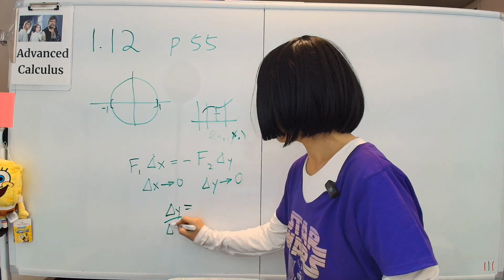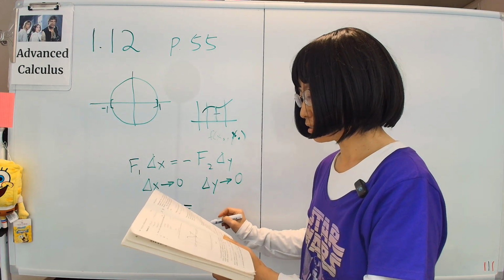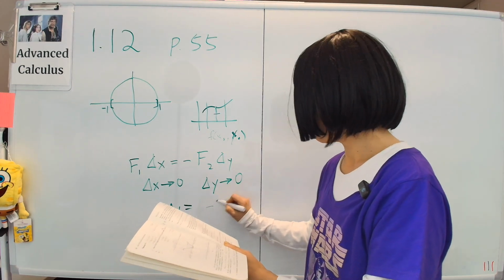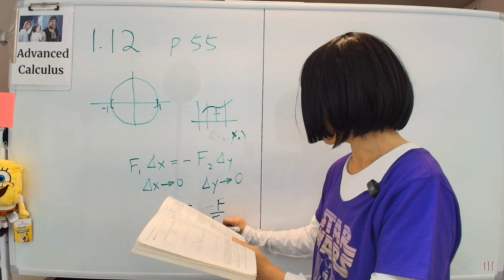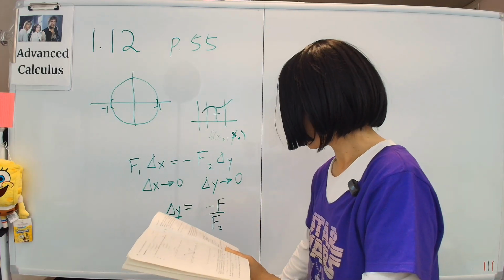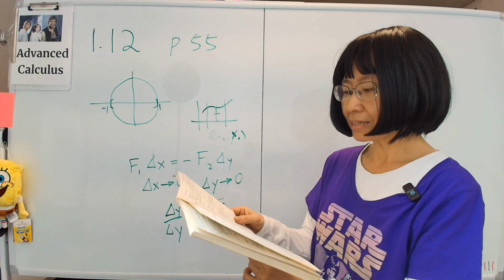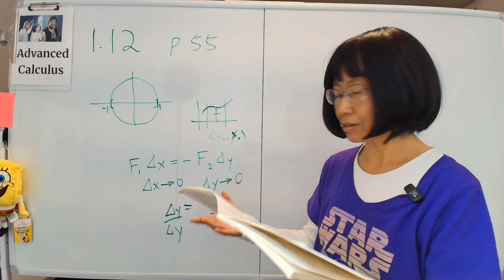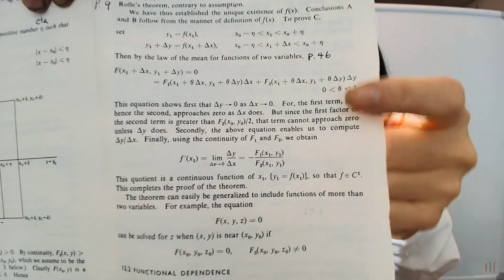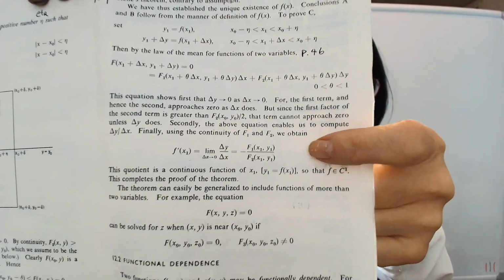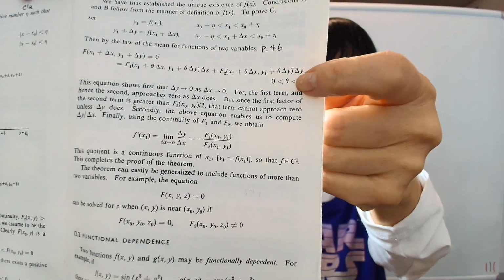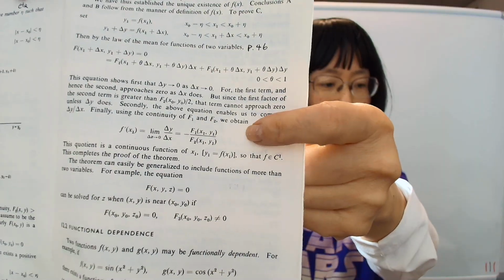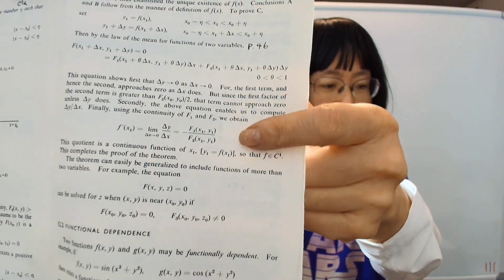As a result, delta y by delta x is equal to the negative of f1 divided by f2. All right, as delta x goes to 0. So if you let delta x go to 0, I will show it to you. Now, from this equation, if you write this thing out, as delta x goes to 0, delta x disappears in here, and then delta y also goes to 0. So by the time you take the limit, that equals this fixed number, right?